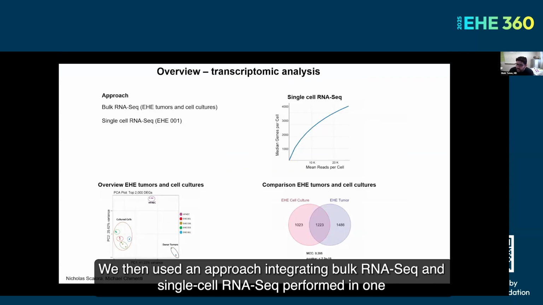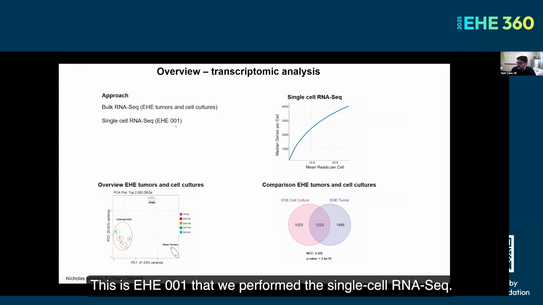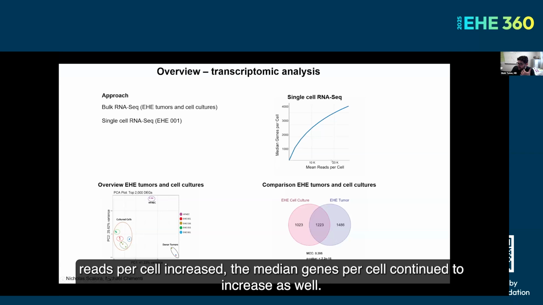We then used an approach integrating bulk RNA-seq and single-cell RNA-seq performed on one of the extended primary cell cultures. This is EHE01 that we performed the single-cell RNA-seq on. One of the features that we noticed by single-cell RNA-seq is that as the number of mean reads per cell increased, the median genes per cell continued to increase as well.